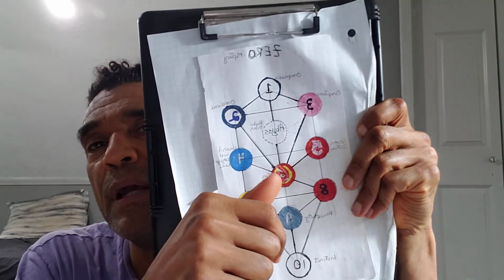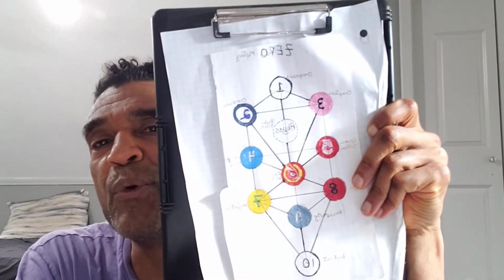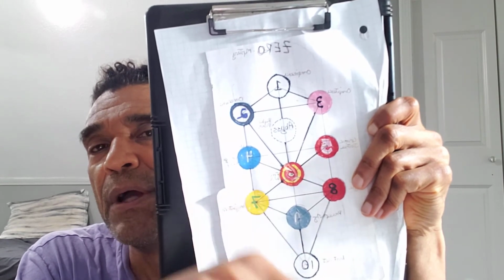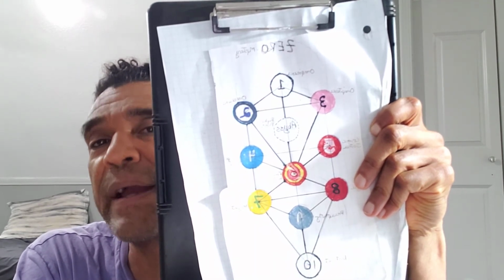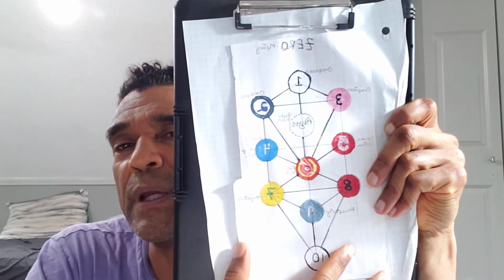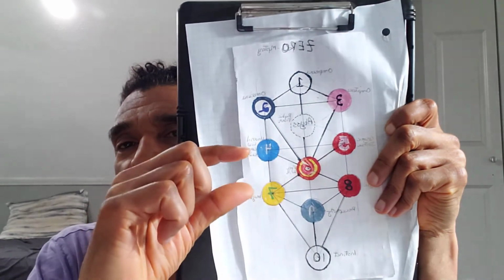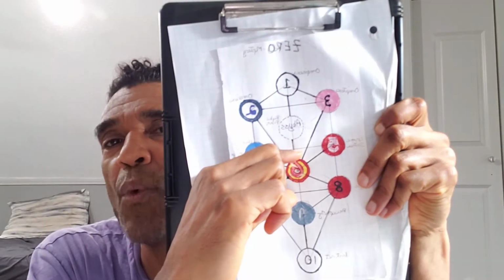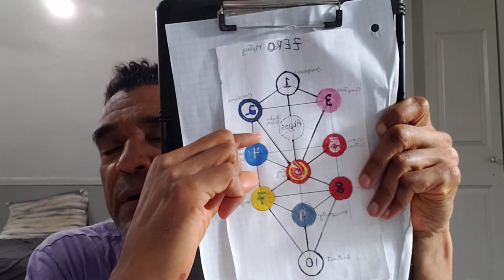Now, when we fractalize the tree, when we move from the 12 faculties of consciousness here to the 144 fractal faculties, what we're really doing is we're taking the whole tree and we're shrinking it down to size so that it fits onto each one of the spheres.